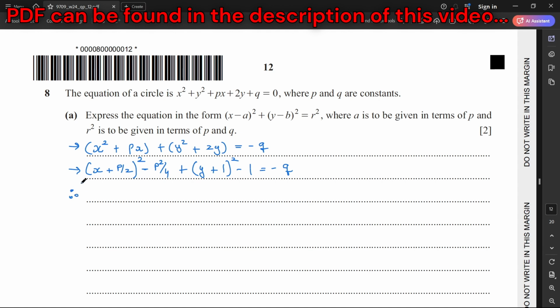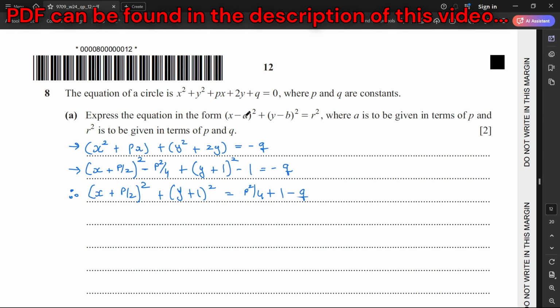And therefore now if I just rearrange this, it's going to become x plus p by 2 the whole square plus y plus 1 the whole square is equal to all the constants on right hand side. So it's going to become p square by 4 plus 1 minus q. And what do we notice over here?